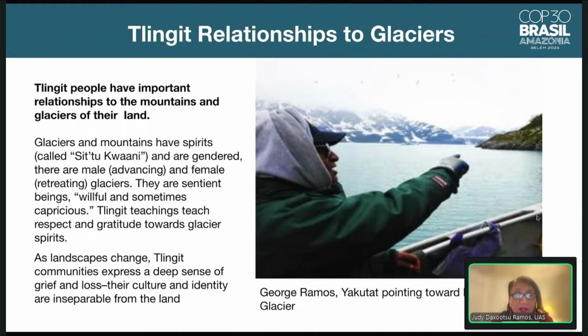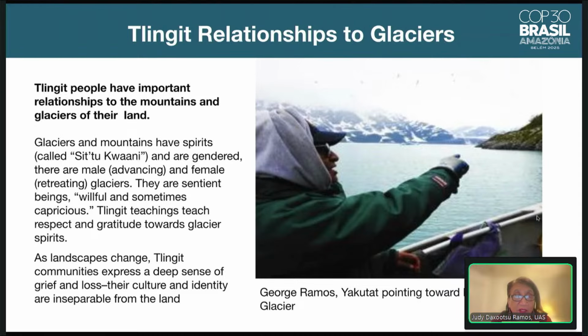Tlingit believed that everything in nature was alive and had a spirit. We call it a kwáani, and that refers to the indwelling spirit that inhabited everything in nature. For example, Oozkwáani, or spirits of the trees, and Teetkwáani, or spirits of the people in the waves. Glaciers have special spirits called Sit' Kwáani, and we believe that glaciers are gendered. The male glaciers are the ones that are advancing, and the female glaciers are the ones that are retreating.